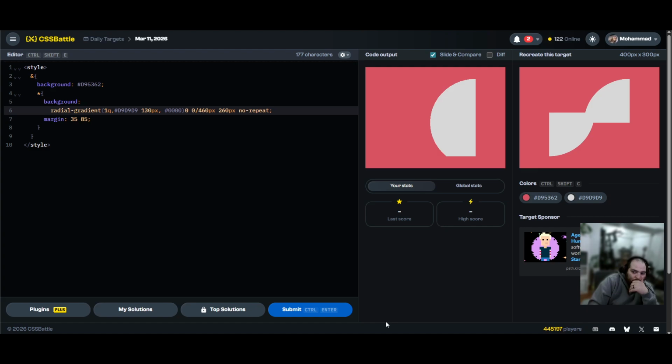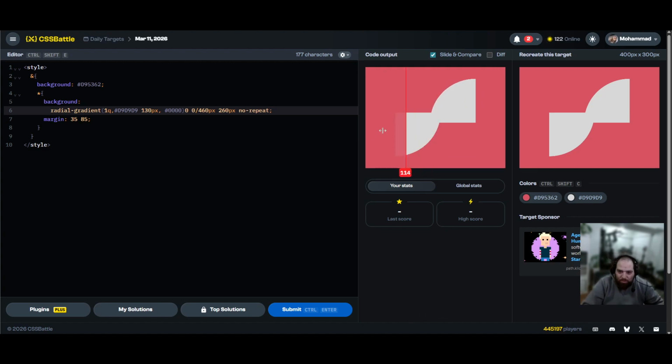You know what? Do I really want to do 4 gradients? I was thinking of 2 conic gradients, and then a radial gradient of pink.